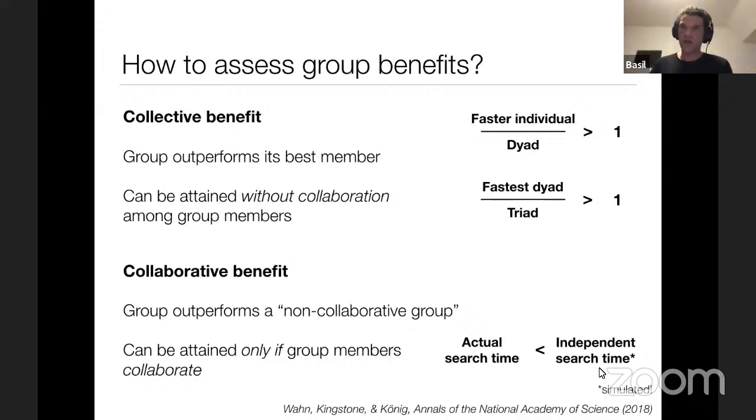You did not talk with each other to divide the labor, and you had no way of knowing what the other people in the Zoom were currently doing. So this is in essence the independent search time. We simulated this in this particular study, and we know from an earlier study that the simulation very well approximates the actual independent search time that participants would obtain if they searched independently.